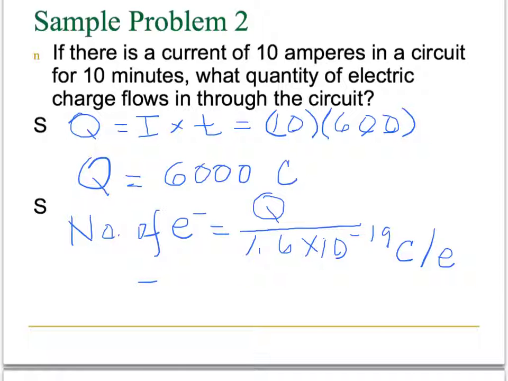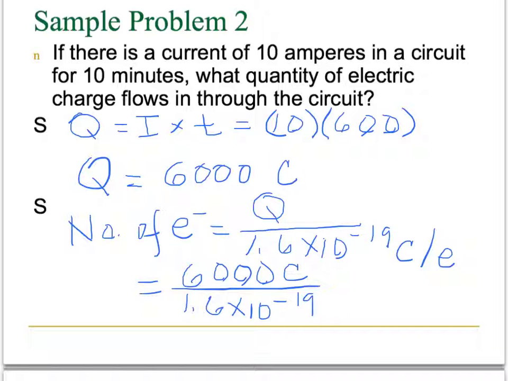So if we plug in the values, we have 6,000 coulombs divided by 1.6 times 10 to the negative 19 coulombs per electron.